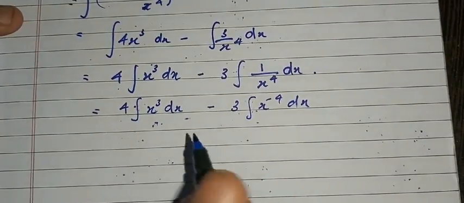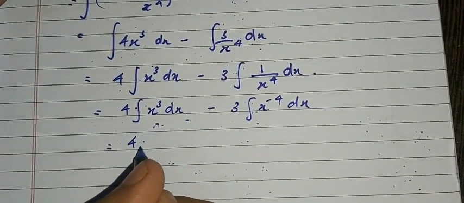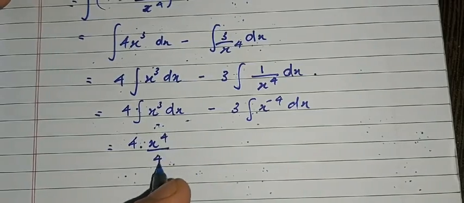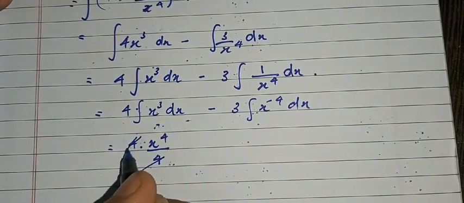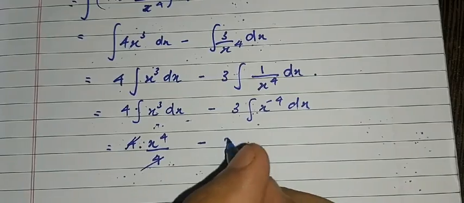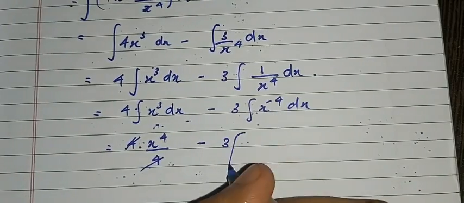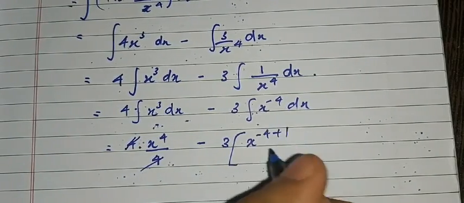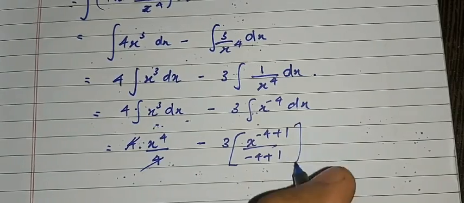Now we are going to integrate it. So what it will be: 4 into x raised to 3 plus 1, which is 4, over 4. The 4 and 4 get cancelled. Minus 3 into x raised to minus 4 plus 1 over minus 4 plus 1.